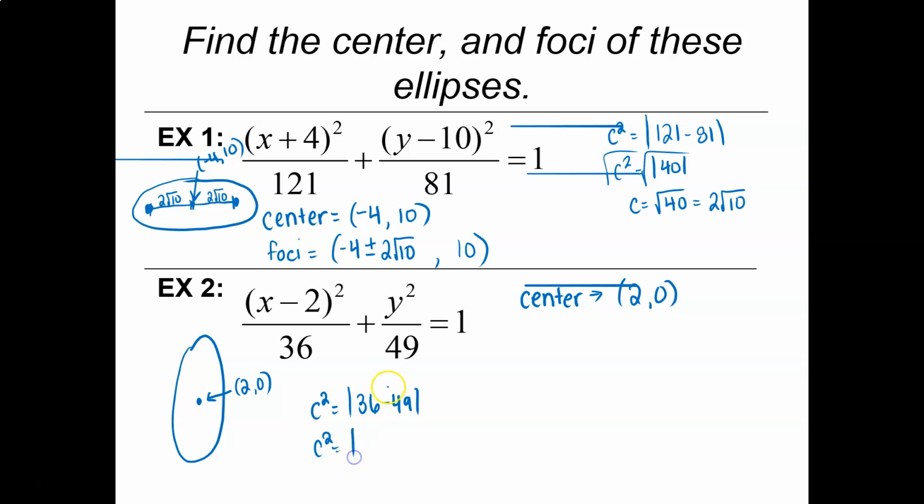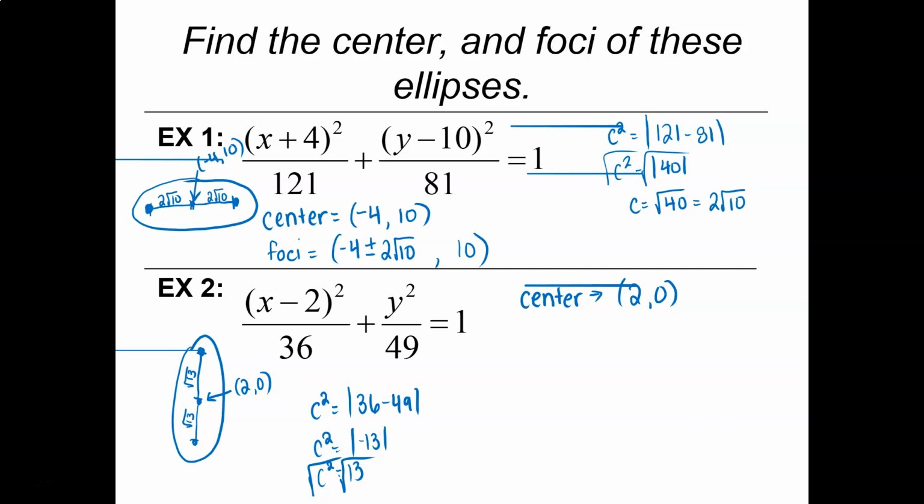And 36 minus 49 is going to give me -13. But then when I do absolute value bars, of course, that just is 13. Square root both sides. So the square root of 13 is the distance. In this case, I'm going to be going up the square root of 13 and also down the square root of 13, and that'll give me my foci for those points.